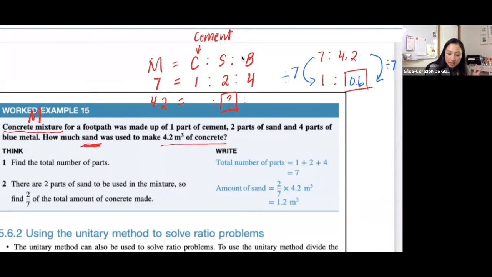So if 1 part is 0.6, 2 parts would be equivalent to 0.6 times 2, and therefore you get 1.2. So it's 1.2 cubic meters of sand that we need.